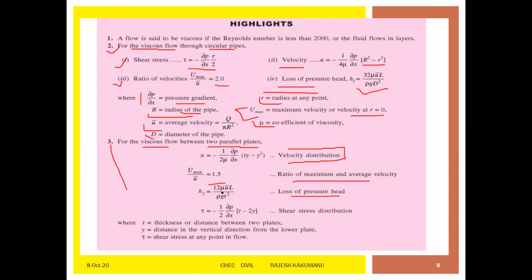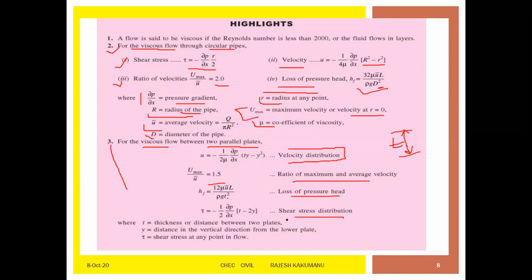HF is equal to 12 into mu into u bar into L by rho into g into t square. Here, instead of d square, you get t square, where t is the thickness, the distance between the two plates. This is the loss of pressure head.